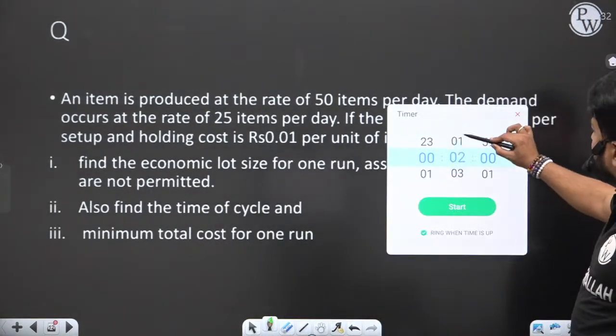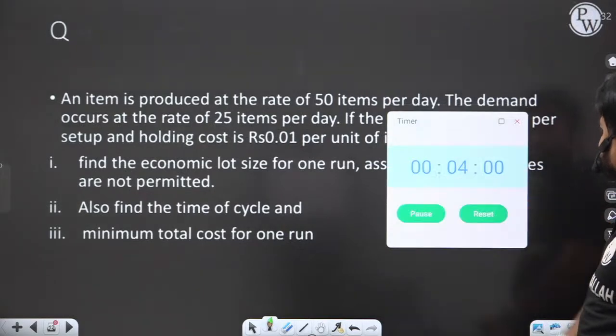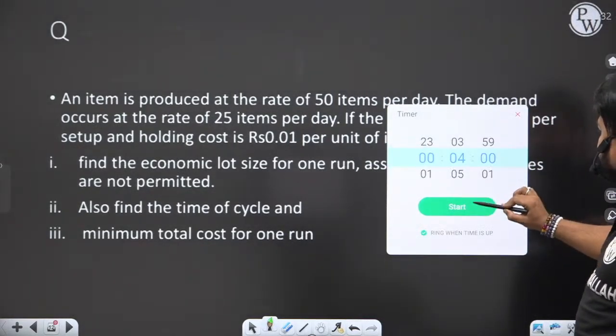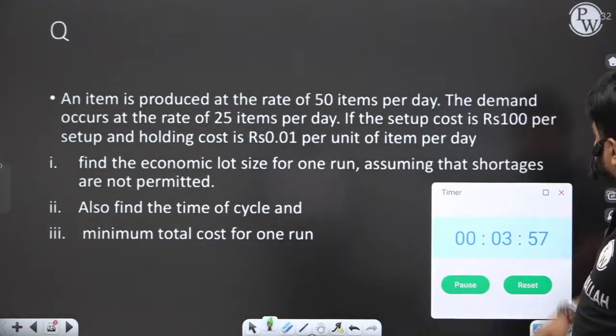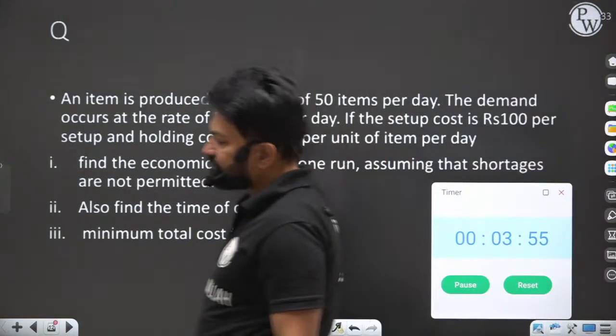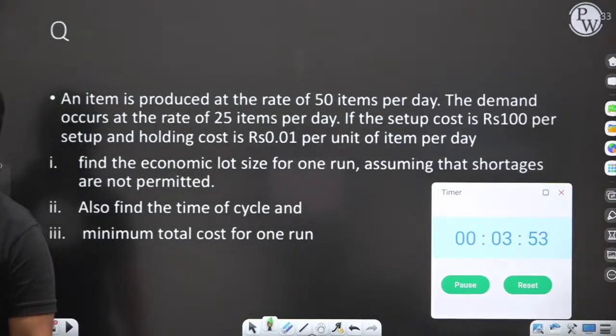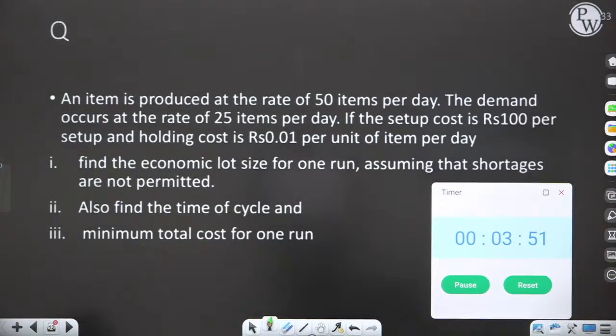How much time is required here? 4 minutes is sufficient for this question.